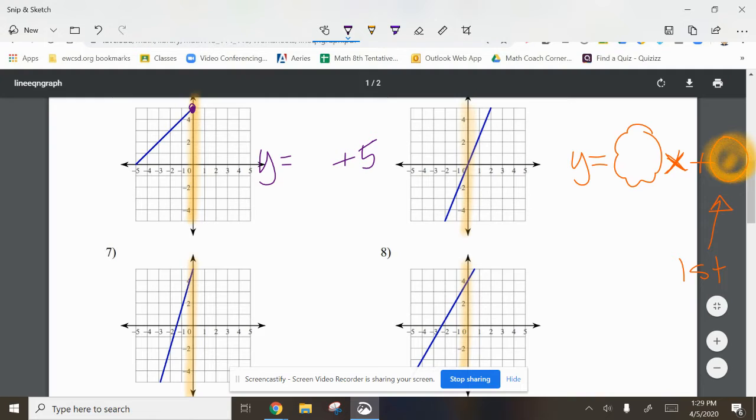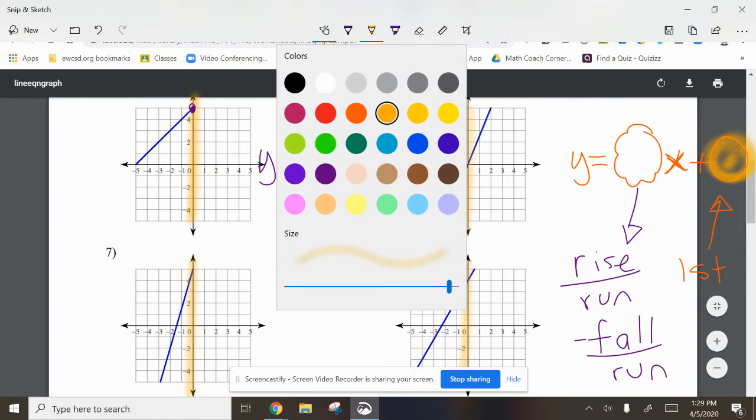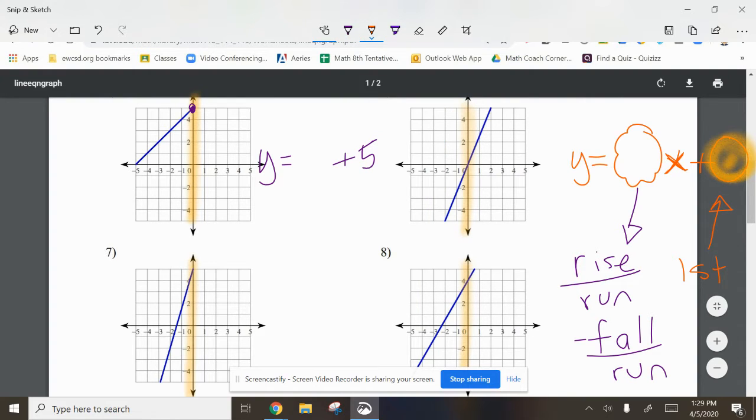Then the second step is to figure out the slope. The slope is a rise and run, or it could be a fall and run, and that means it's a negative slope if it's falling. Now this first one's kind of difficult, but you have to be able to locate another coordinate on this graph.